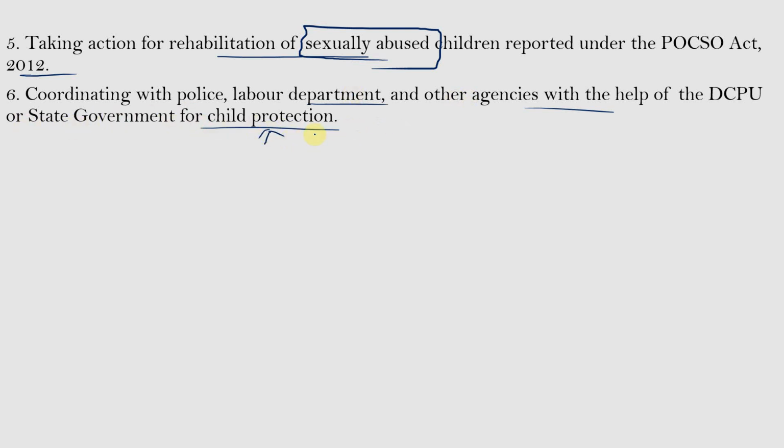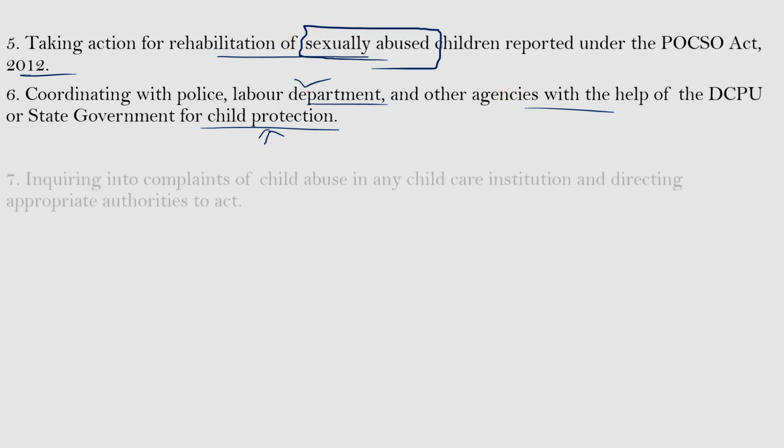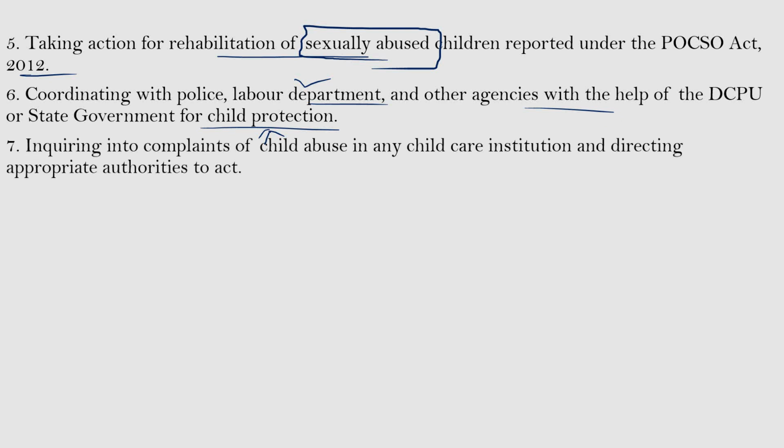So any children who are working in any hazardous industries where children are prohibited from working against any child laws or labor laws, then the committee shall ensure that no children are working in such places through police, labor department, or any other agencies. And the next responsibility is inquiring into complaints of child abuse in any child care institution and directing appropriate authorities to act.